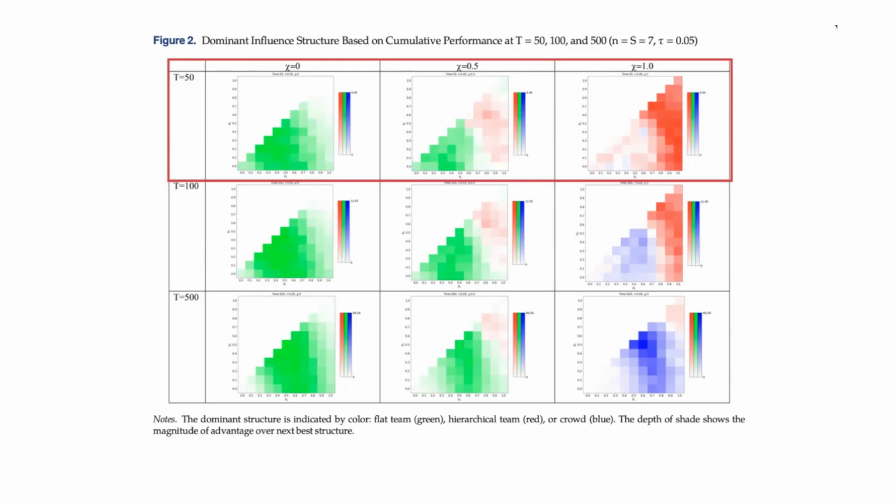The higher the x, the more important. So x equals 1.0 on the right-hand side, this column is where coordination is most important, and the agents will be penalized. Their payoff is penalized by not choosing the option that the other agents are choosing. And of course, on the left-hand side, this column with x equal to 0 is where coordination doesn't matter. They're not penalized for not choosing something the others are choosing.